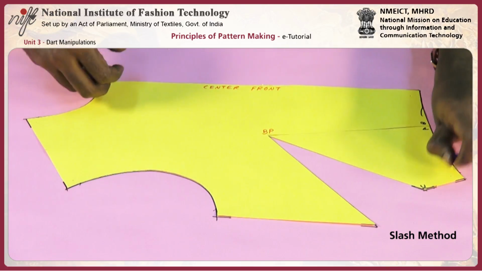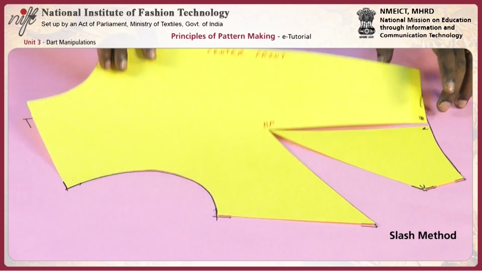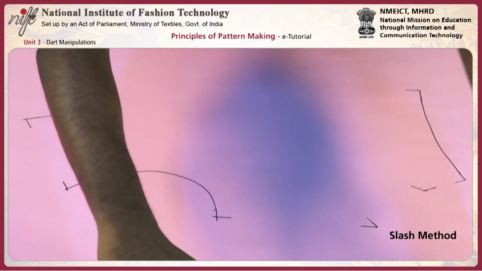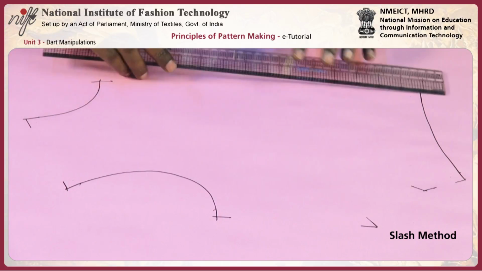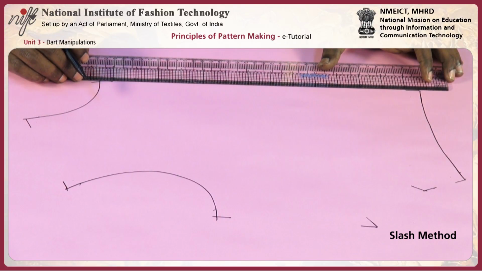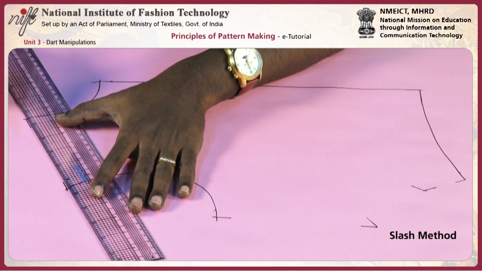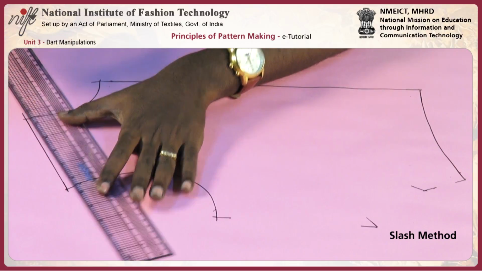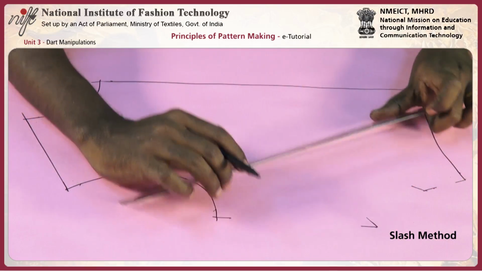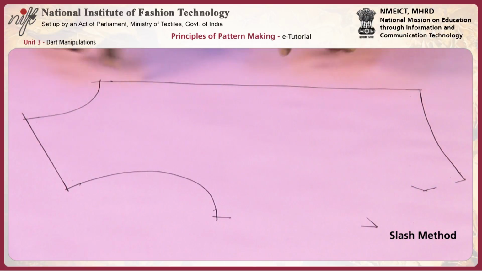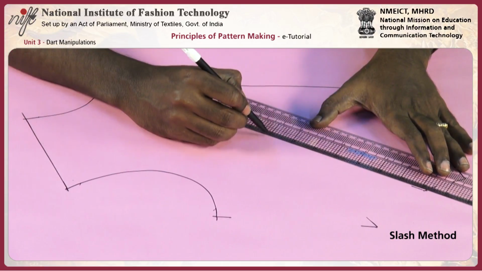Then remove the working pattern. Connect the center front line. Join the dart to the bust point.